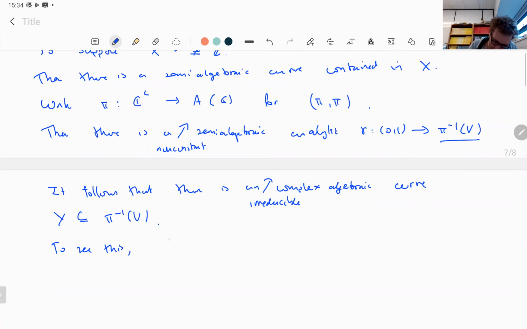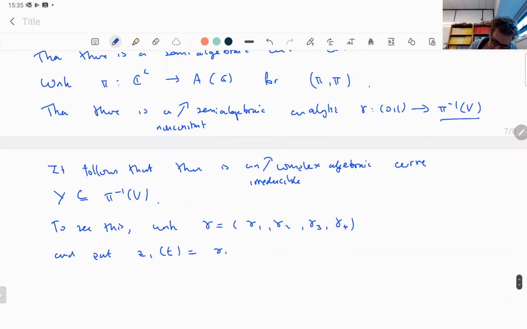So write gamma 1, gamma 2, gamma 3, gamma 4, and put z1 of t to be gamma 1 of t plus i gamma 2 of t, z2 of t to be gamma 3 of t plus i gamma 4 of t.